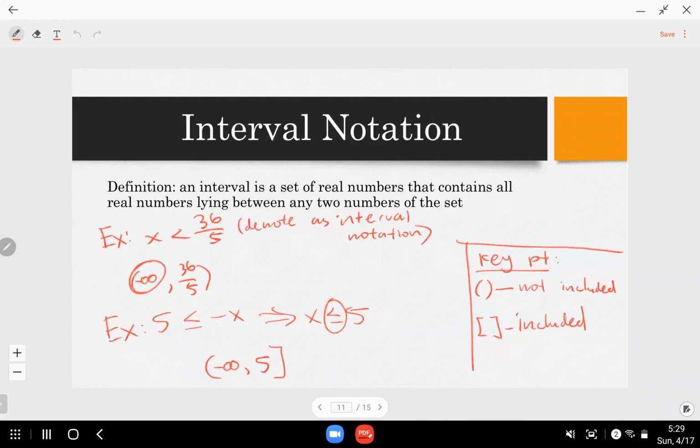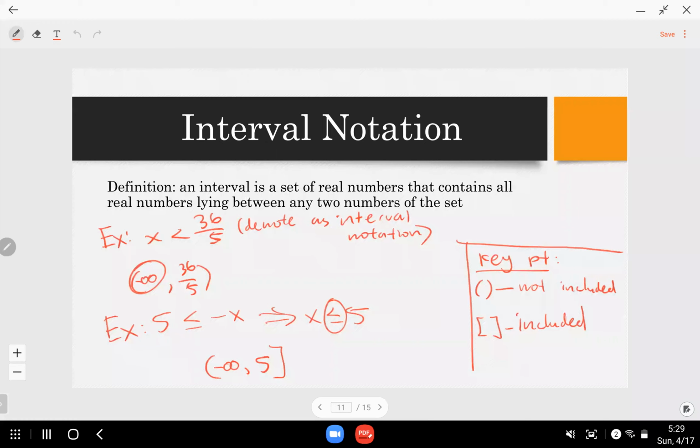So if there's an equation like x is less than 5, then the infinity has the normal bracket, but the 5 has the square bracket. I mean, 5 is greater or equal to x.